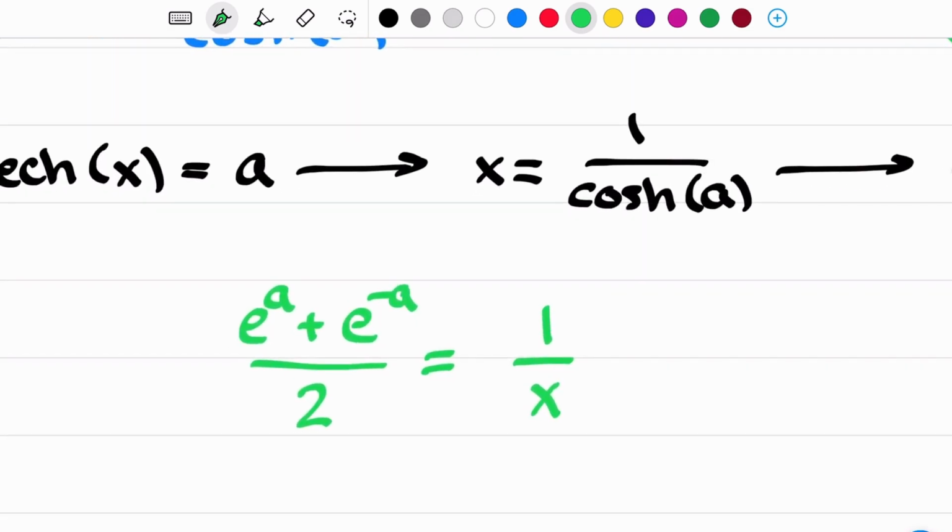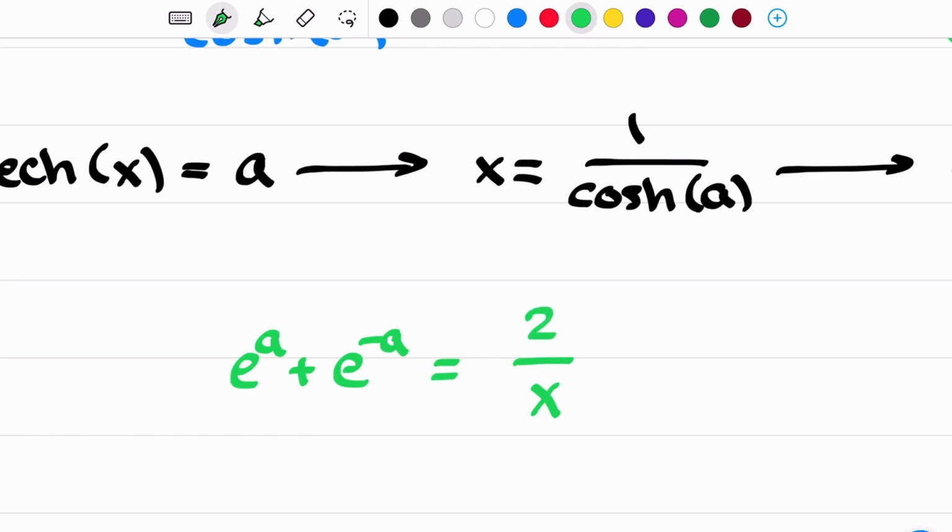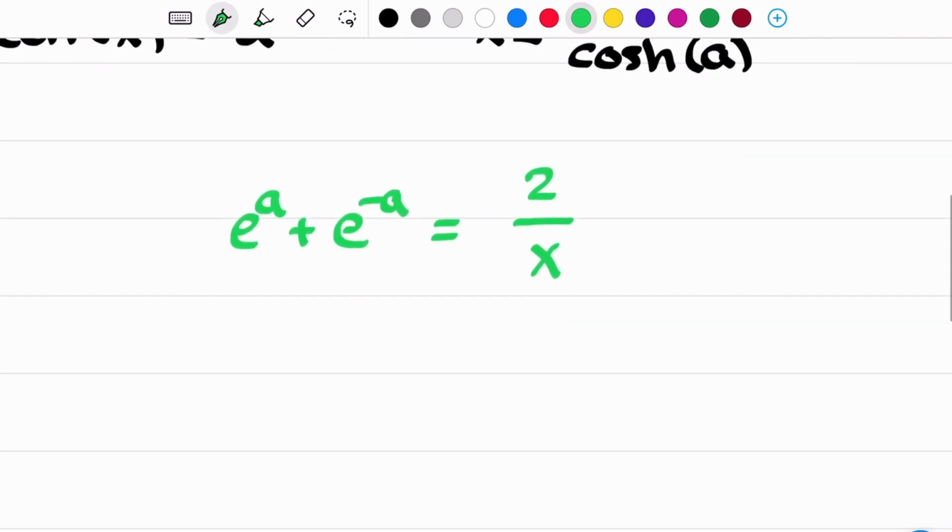So there we go. That is our new form. And what I'm going to do now is multiply 2 over to the other side. And now that's what we're left with. Again, what we want to do is solve for A. And if we can solve for A, then we can find a new expression for inverse hyperbolic secant, and then try to integrate that, and we should be good to go.